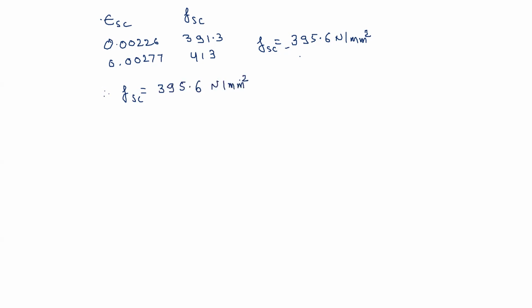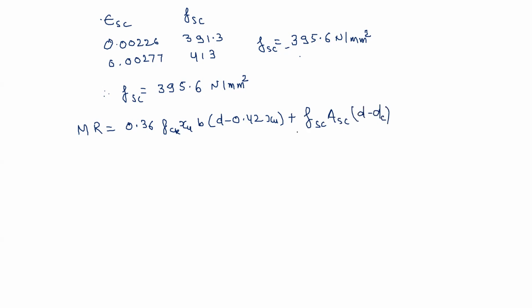And then we find the value of MR. We have MR equal to 0.36 FCK Xu B (D minus 0.42 Xu) plus FSC ASC (D minus DC).